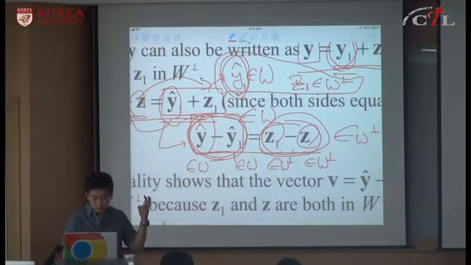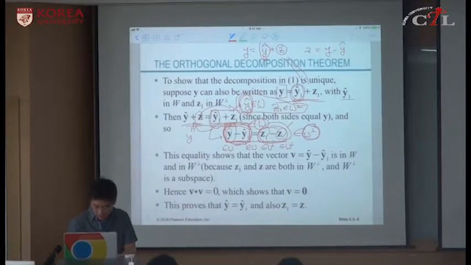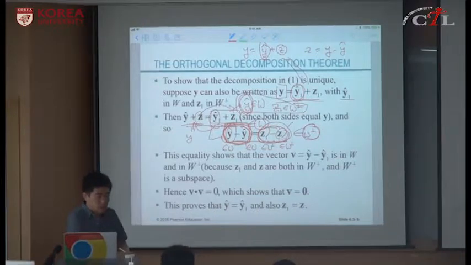So the left representation belongs to W, and the right representation belongs to W perpendicular. And what is the definition of W perpendicular? If we pick one vector from this subspace, it should be orthogonal to any vector in W. Here these two are the same vector, and their inner product should be 0, because the right one should be perpendicular to the left one.